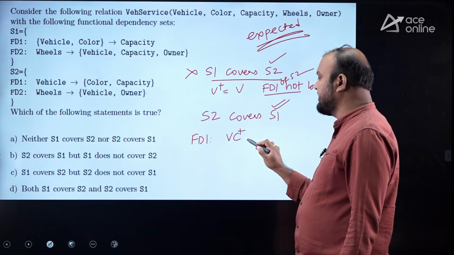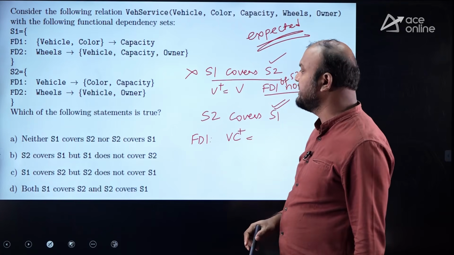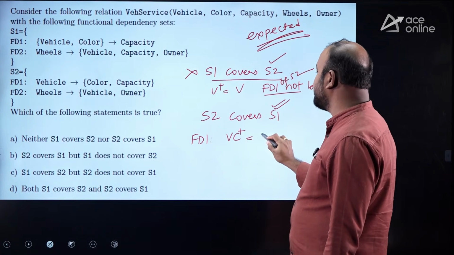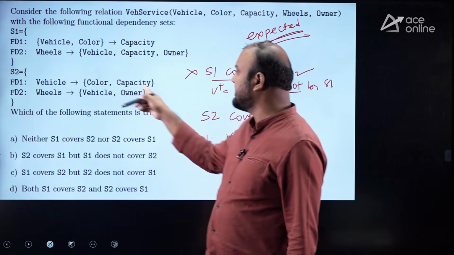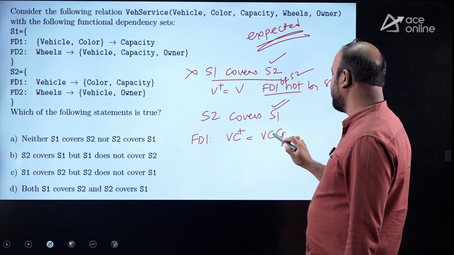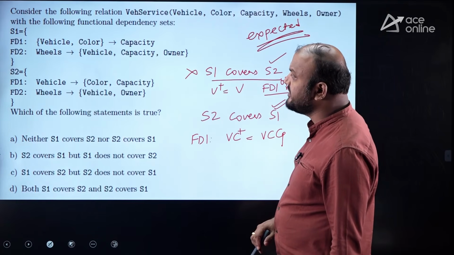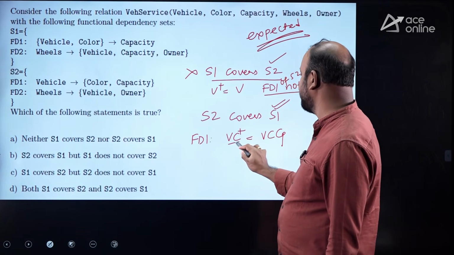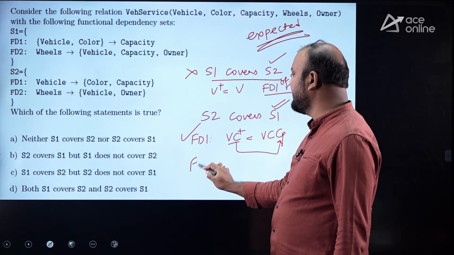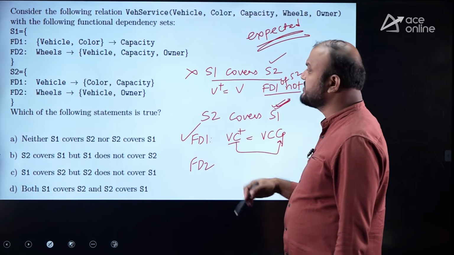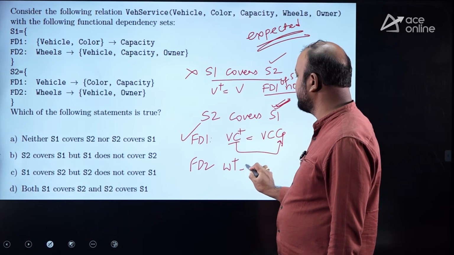Vehicle color closure you have to find in S2, because S1 dependency is verified in S2. What is vehicle color closure? Vehicle color, with vehicle we have color and capacity, and that's it, right? But what is to be verified? Vehicle color to capacity. Yes, it is getting. So this is possible. FD2 of S1, we have to check with S2. What is FD2 of S1? Wheel closure.